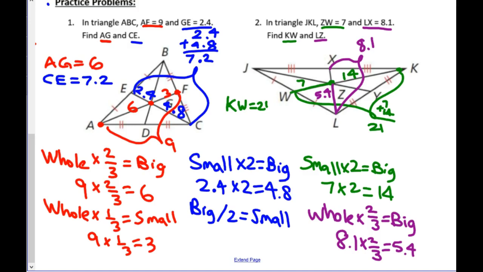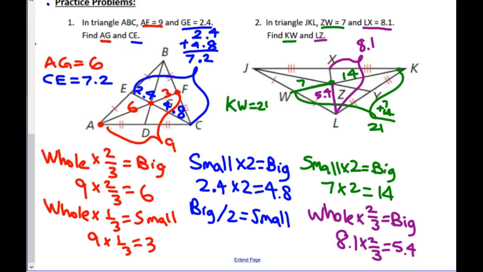And to get the smaller part, you don't need to, but you could just divide 5.4 by 2. We're almost done, though. I just want you to be here for the last one. Yes, 2.7. All right, flip it over, please.